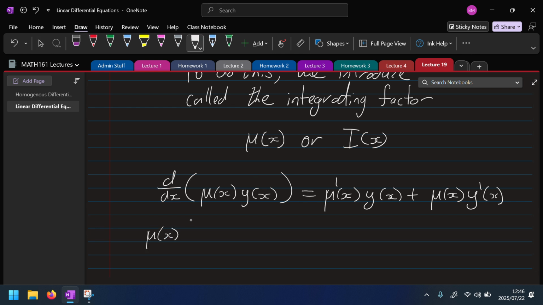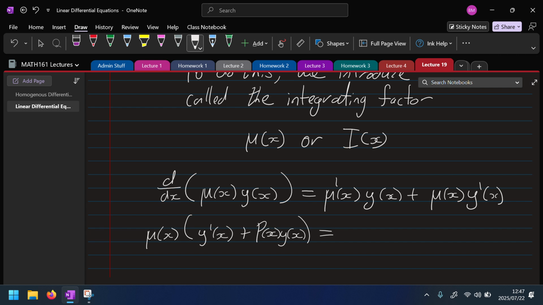So we're going to take our integrating factor, multiply it to that left-hand side, and then compare these two equations. And we'll see they're going to be quite similar.